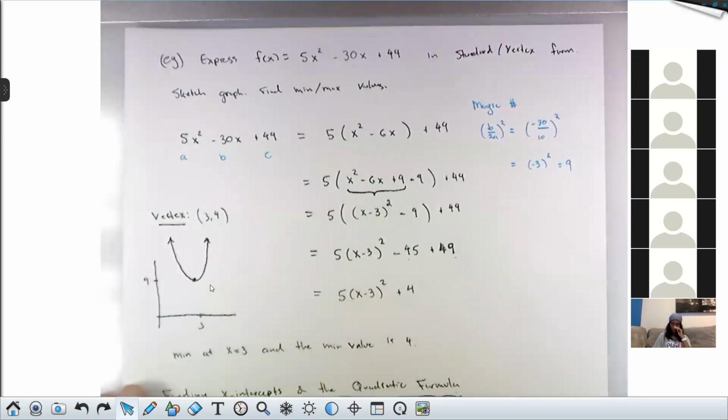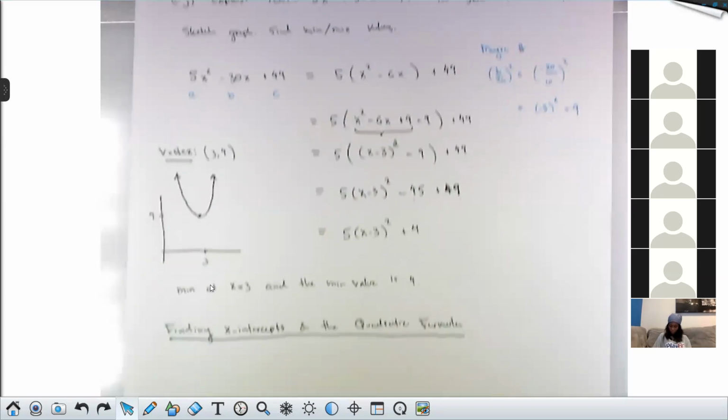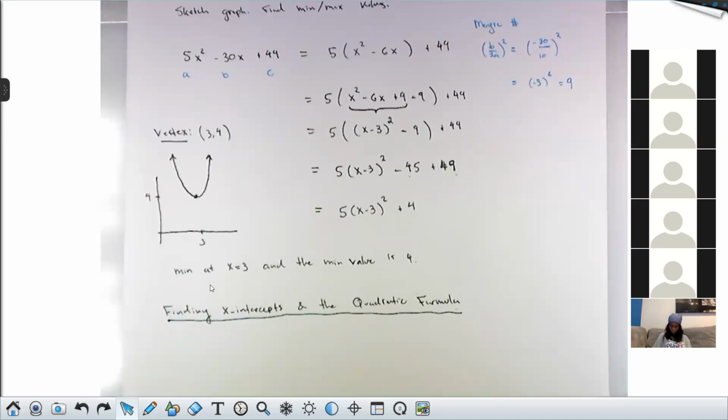So sort of the simplest way to find x-intercepts is to factor the original polynomial, right? If you're lucky enough that your original polynomial factors, then you can find the x-intercepts by factoring. But in many cases, these quadratics do not factor. So what we need is some way to find the x-intercepts in those cases.